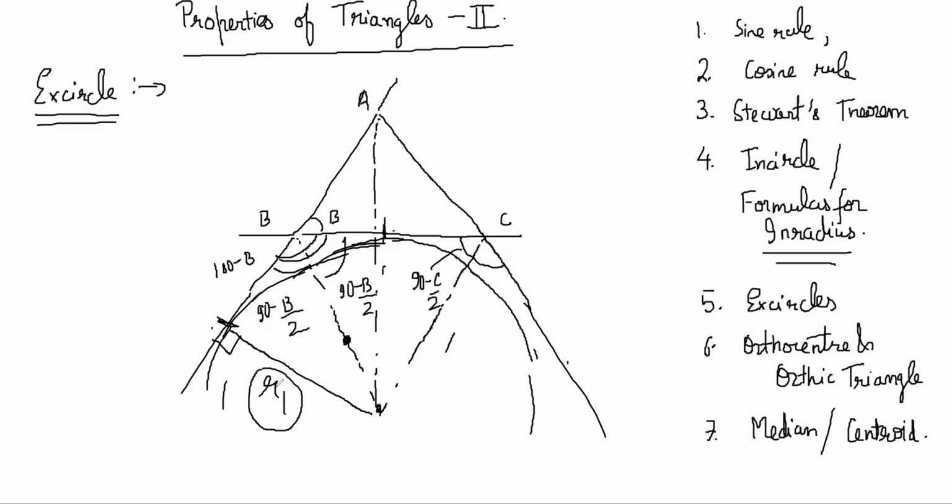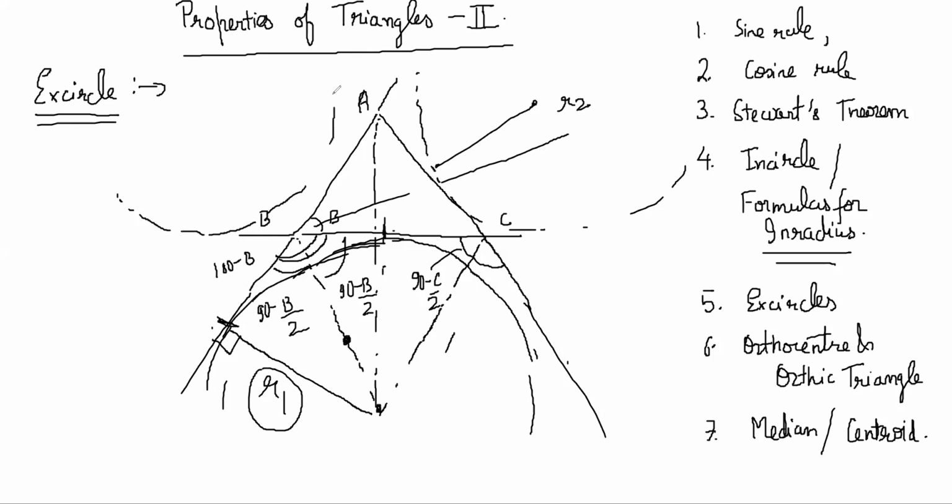Now here, by convention, r1 is the circle opposite to the vertex A. By convention, this one is this circle. There will be another big circle here, which will be r2. The perpendicular distance will be r2 for that. And for C, there will be another big circle, which will be r3. You understand?